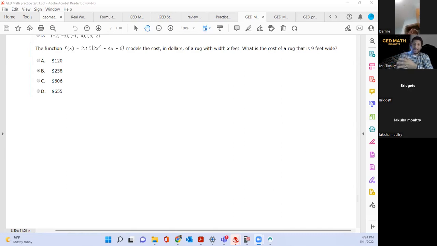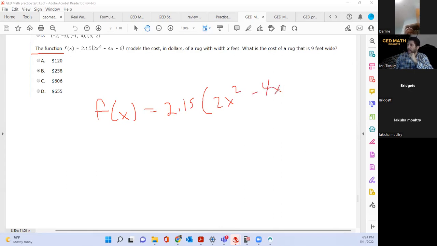The key here is they tell you the function: f of x equals 2.15 times 2x squared minus 4x minus 6. They give you the function.